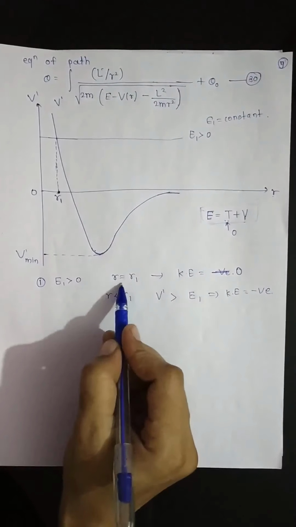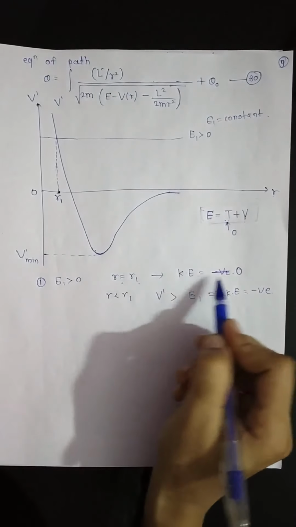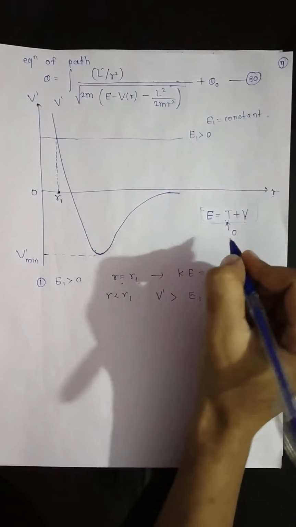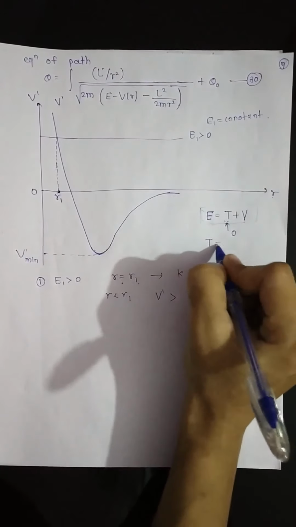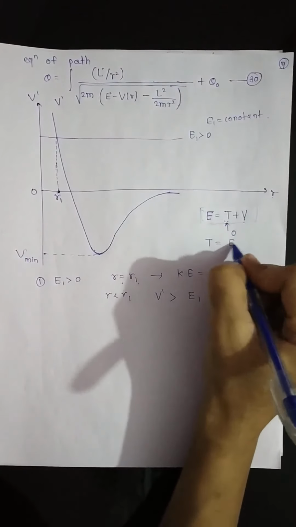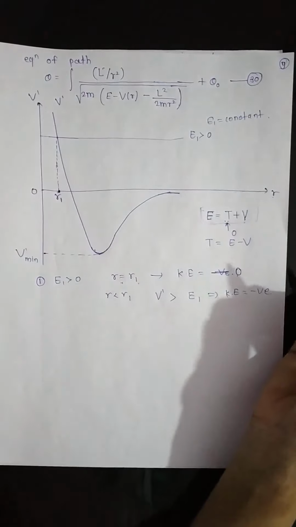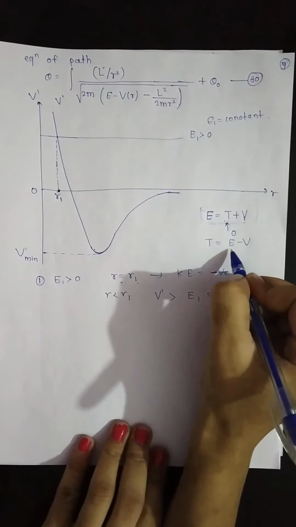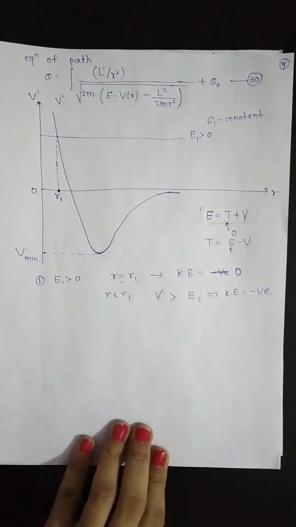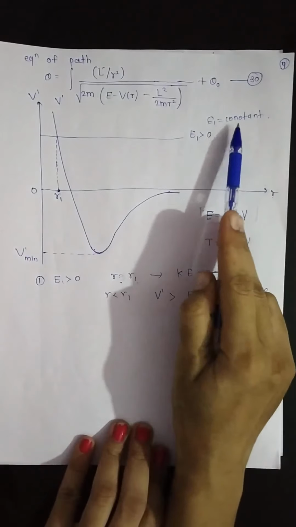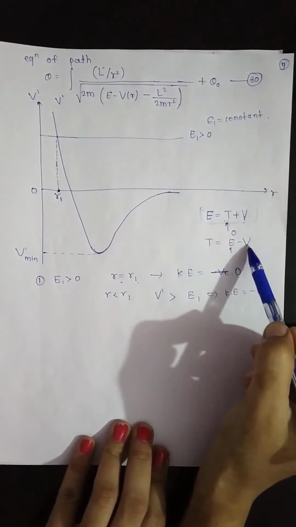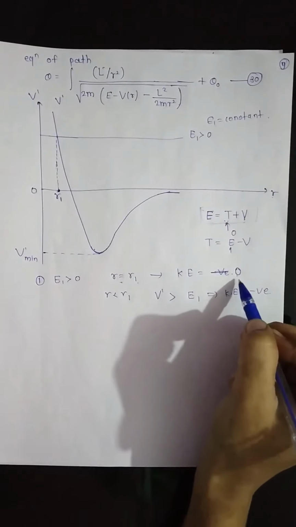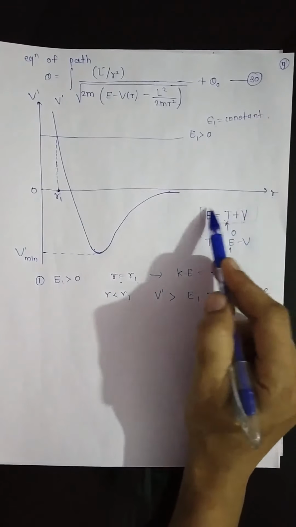So for r equals r1, kinetic energy will be 0. Now let me talk in terms of kinetic energy. So we will get E minus V. Since E is constant, kinetic energy will be 0, to keep this equation satisfied.